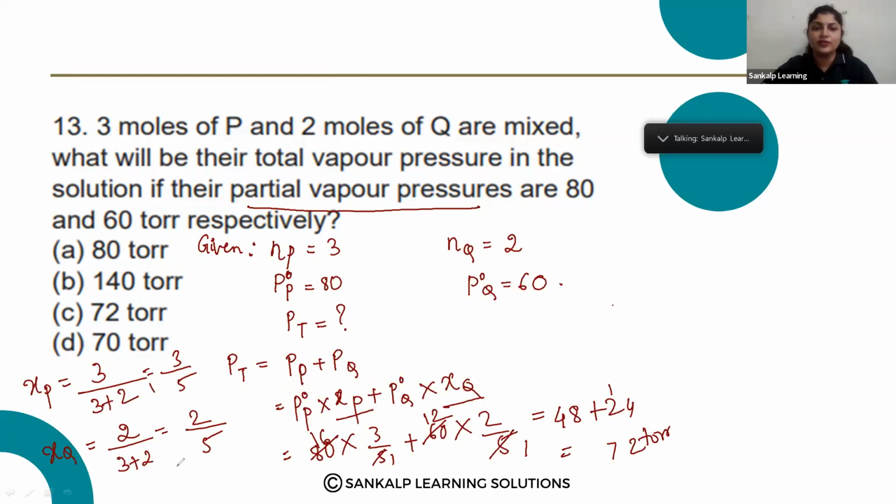So like this you have to find out. Just write the given entities and then solve the particular question. This is the way you can solve this. Next, we'll go for the next question. So here, which is the option? Option is C, 72 torr.